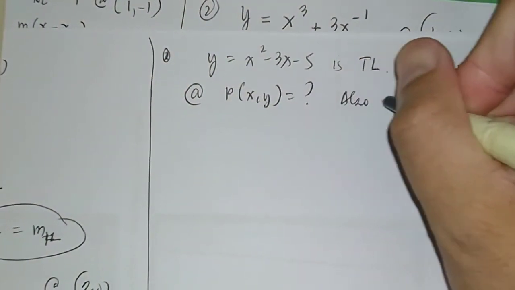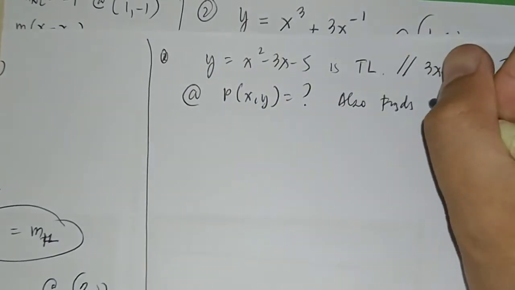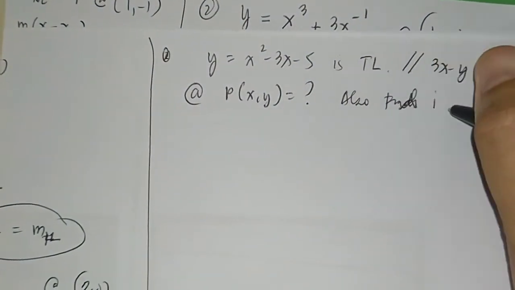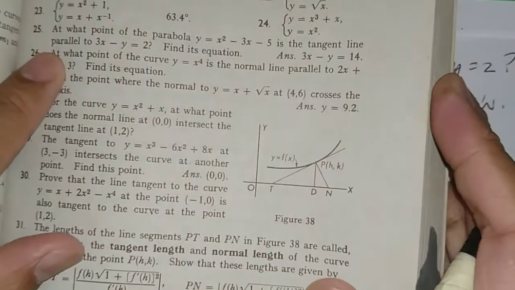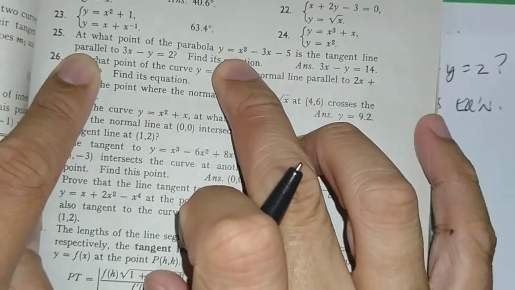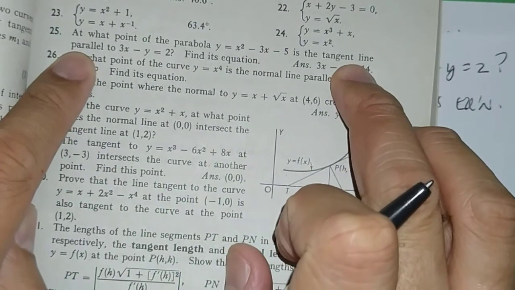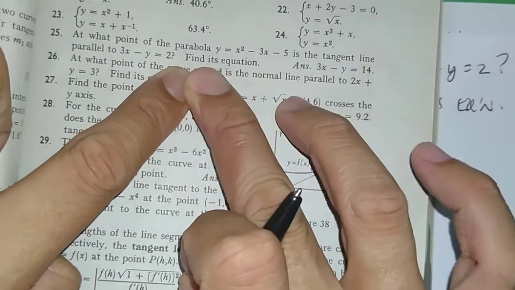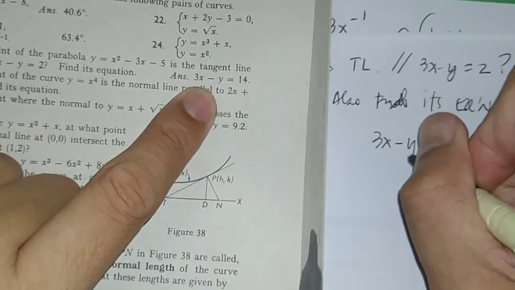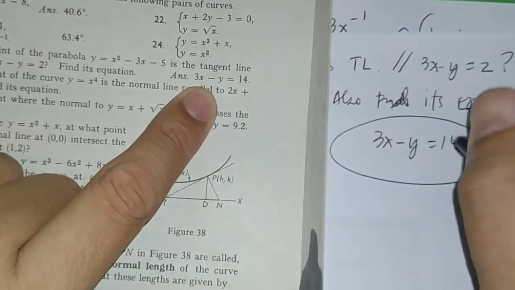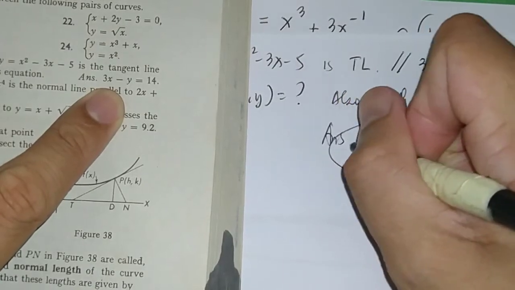Also, find its equation. So the answer must be 3x minus y is equal to 14. So this should be our answer.